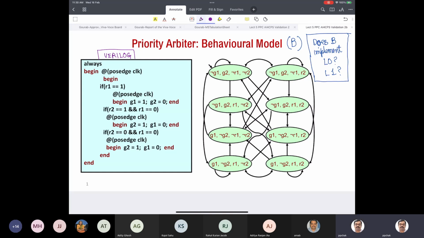If R1 equal to 1 at the positive edge of the clock, do G1 1 and G2 0. If R1 is 1 and R2 is 1 at the next clock, make G2 1 and G1 0. If R1 is 0 and R2 is 0, at the next cycle make G2 1 and G1 0. So this is a behavioral code.